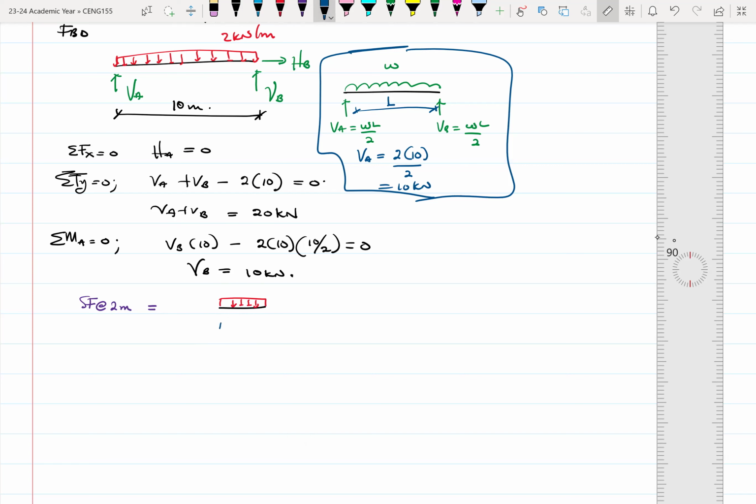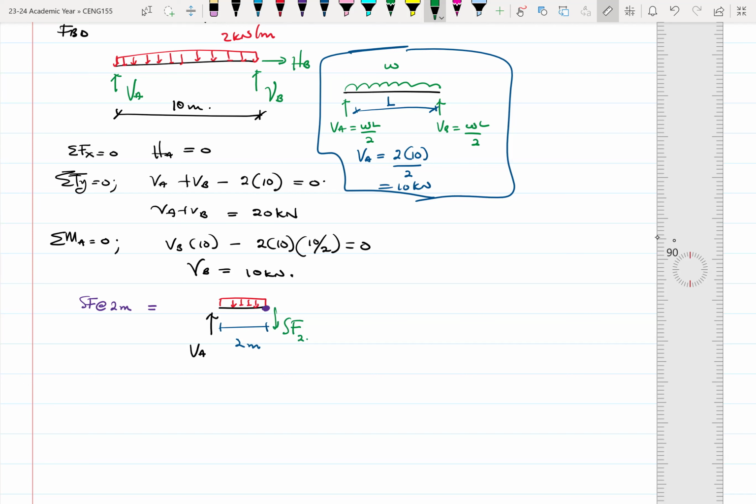The distance here is 2 meters. Then I have my VA, where VA is known. So I want to find my shear force at this point, which is this right here, the shear force at 2 meters.